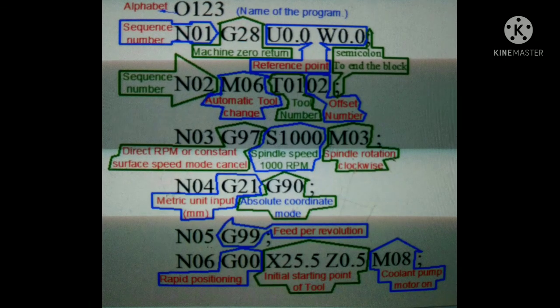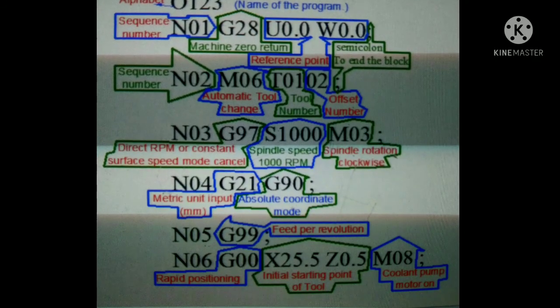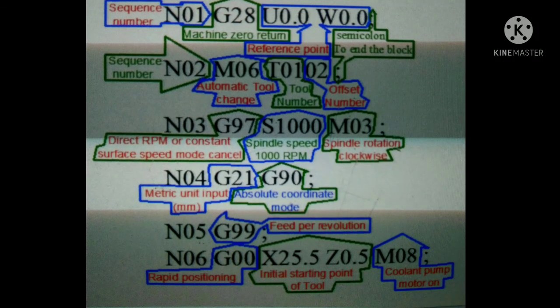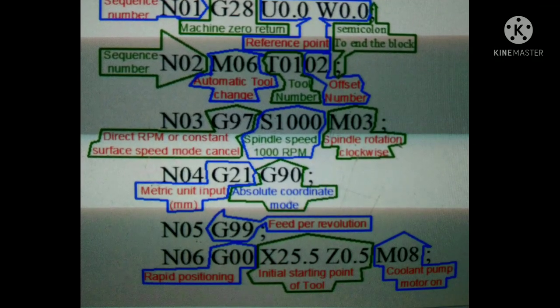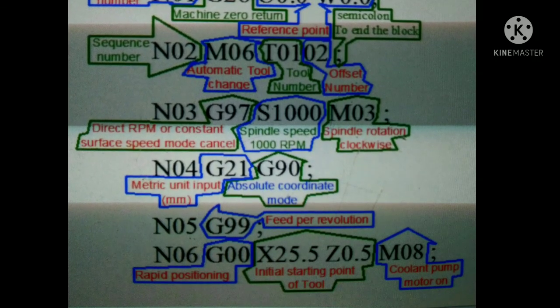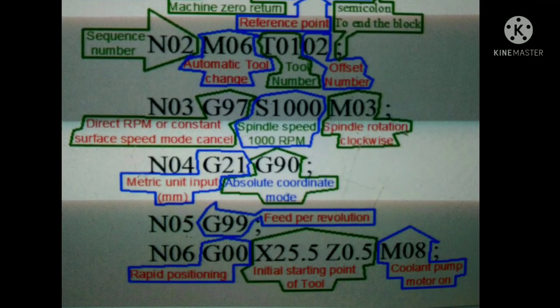The next sequence number is N06, and we use the code G00 for rapid traveling of the tool, and then we write the coordinates of the point where we want to place the cutting tool using the X and Z axes.